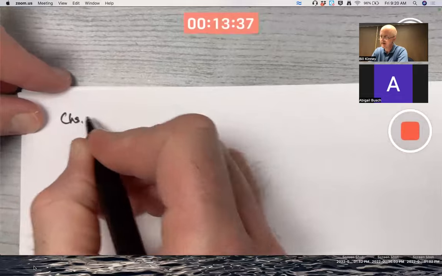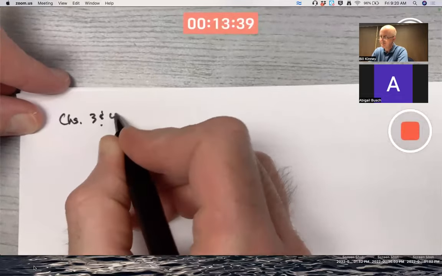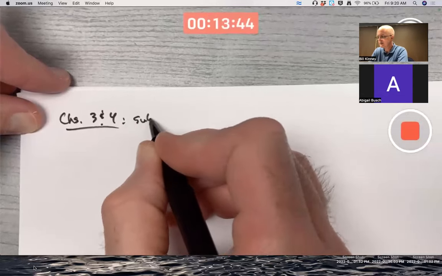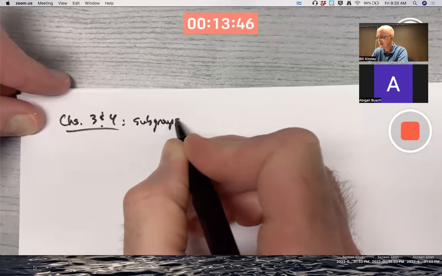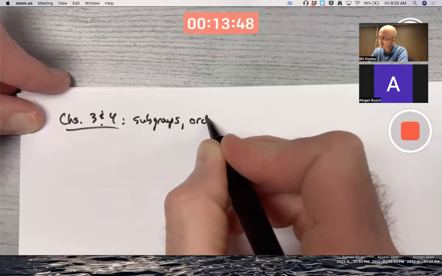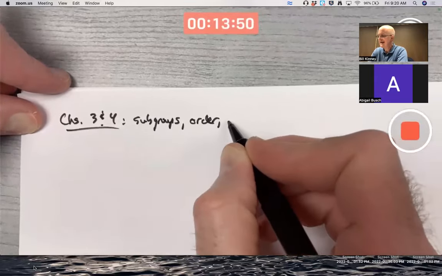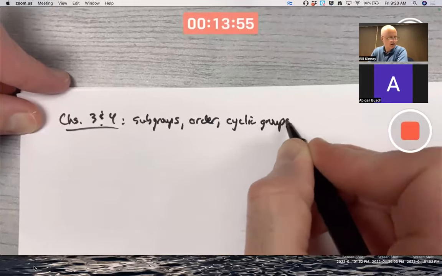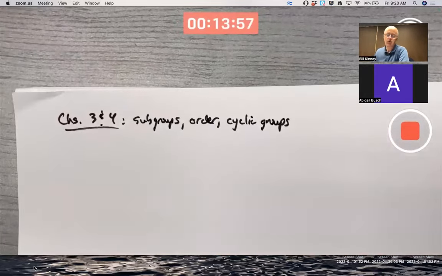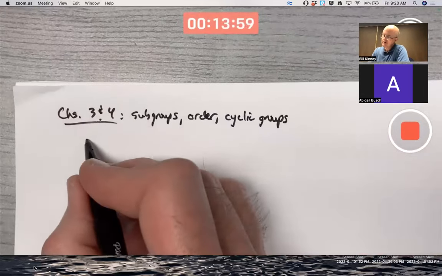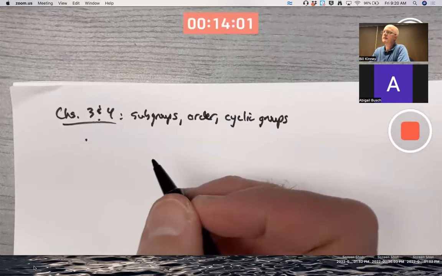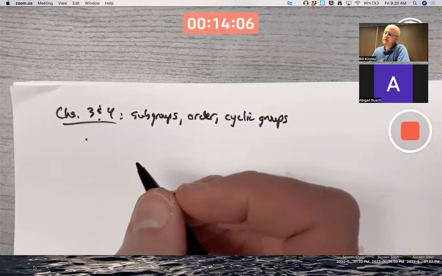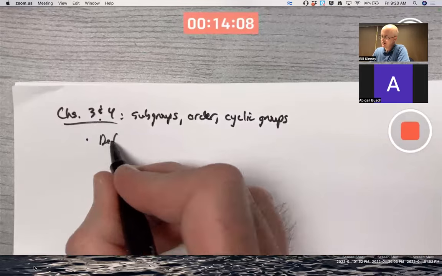You could say subgroups, order, and cyclic groups are the main topics of chapters 3 and 4. So I think we start off in chapter 3 with, I'm not sure if it's the first thing or not, the definition of a subgroup.